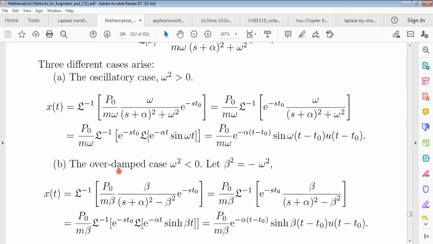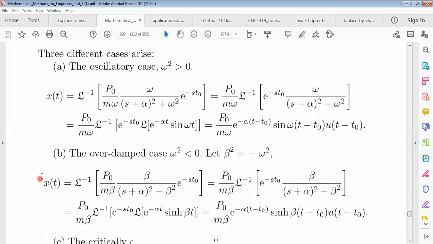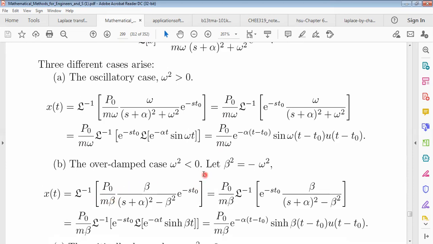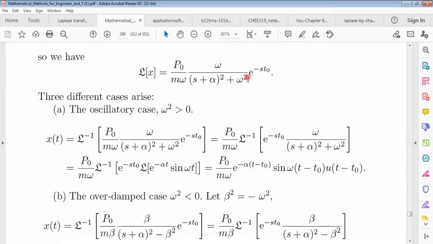Now for the overdamped case, if omega square is less than 0, substitute beta square equals minus omega square. Then the solution becomes the inverse Laplace transformation, where omega square equals minus beta square.